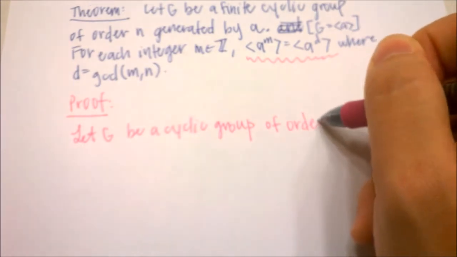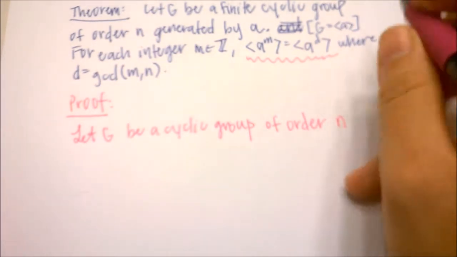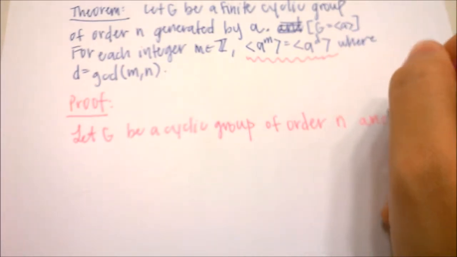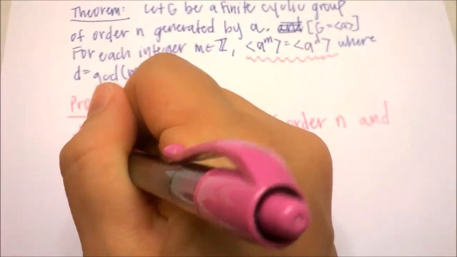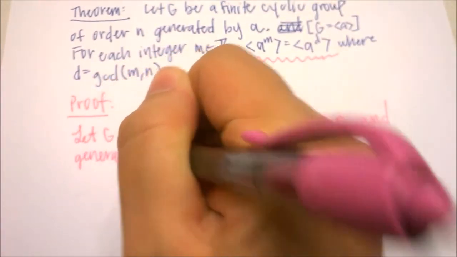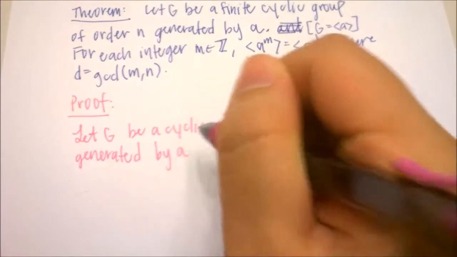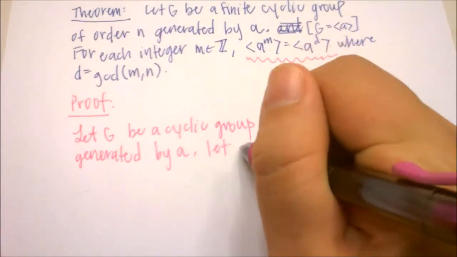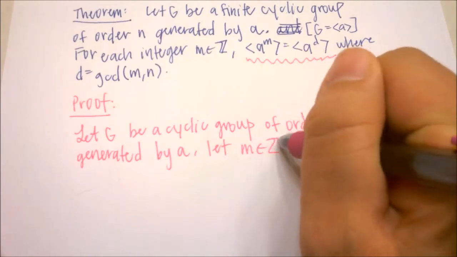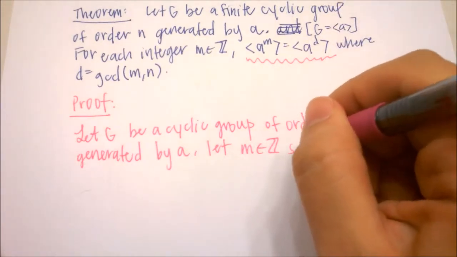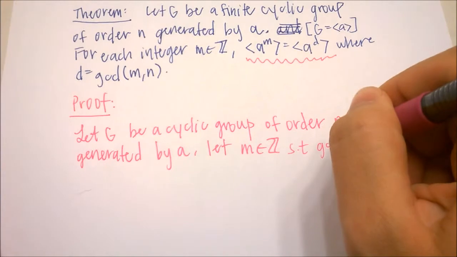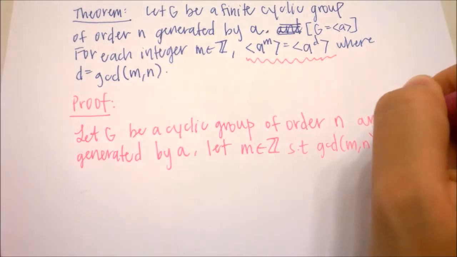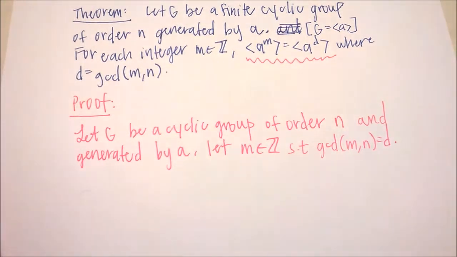That was given to us, and generated by a. So that was given to us. And we're also going to let m be an integer such that the GCD of m and n equals d. So those are just our givens.